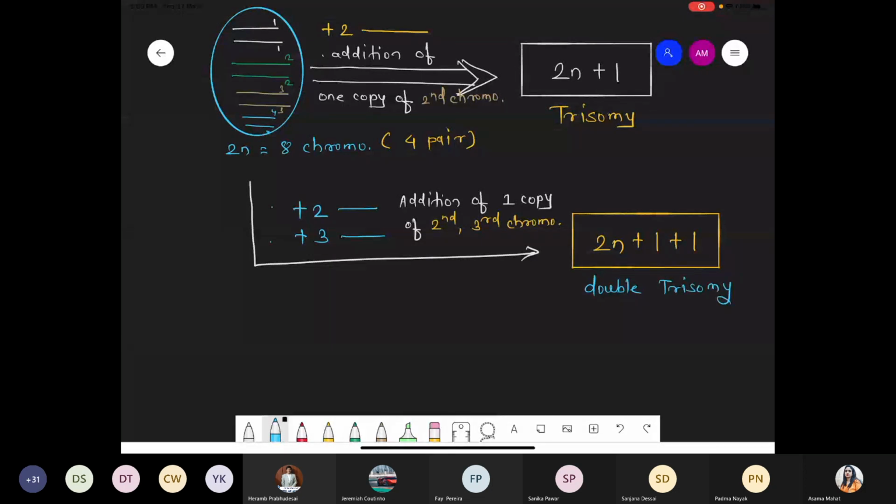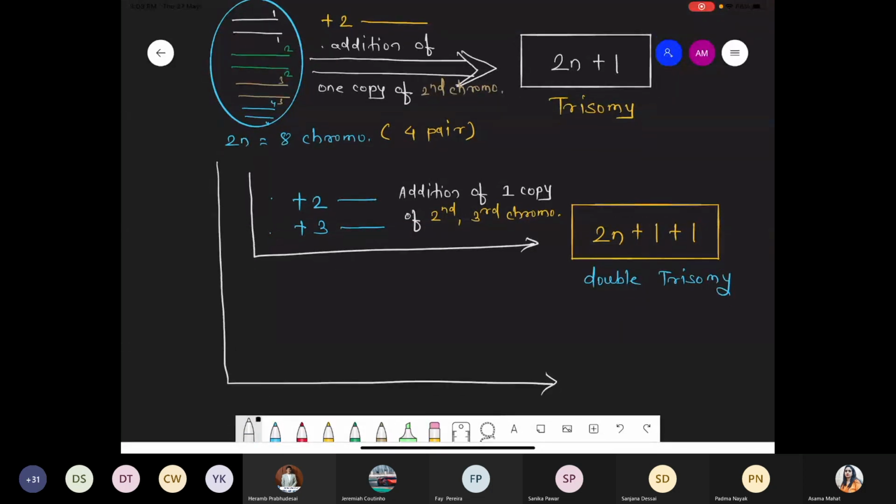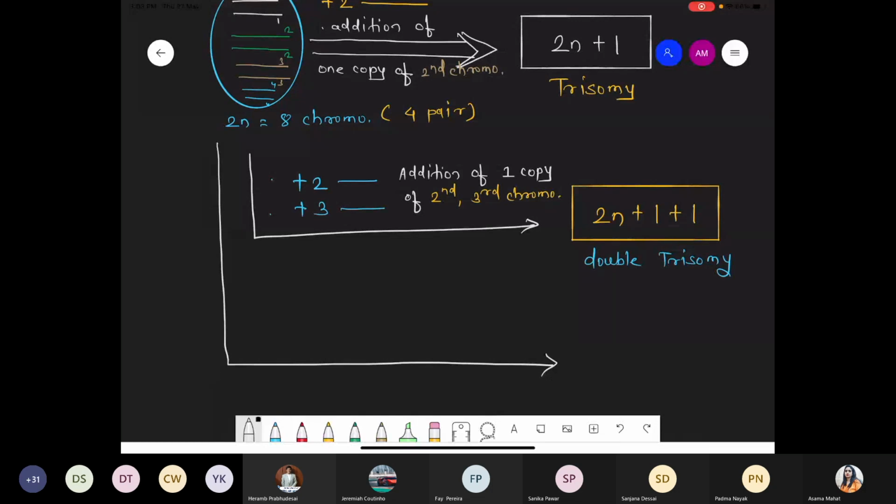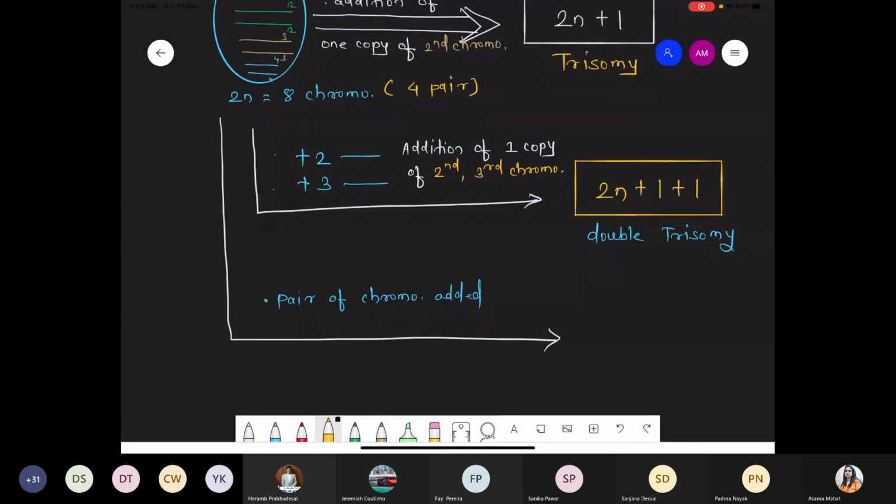Suppose we take the same diagram, where in a diploid organism 2n is equal to 8 chromosomes. But now in this condition, a pair of chromosomes gets added. We are taking a special condition. Suppose we are talking about plus 2 plus 2.